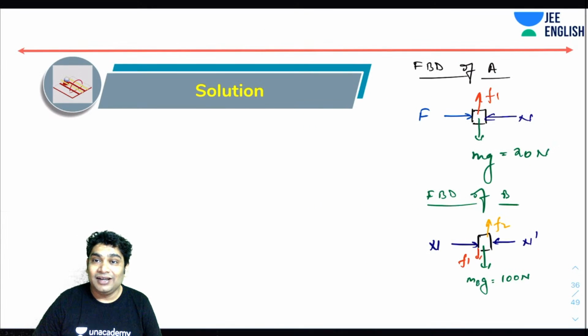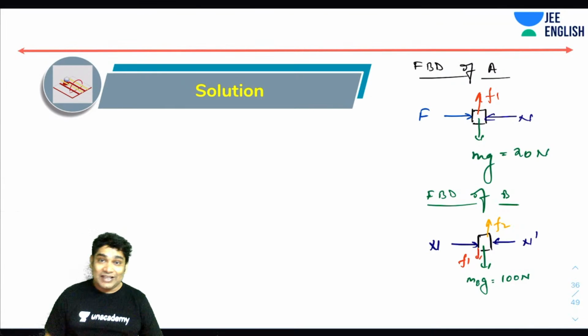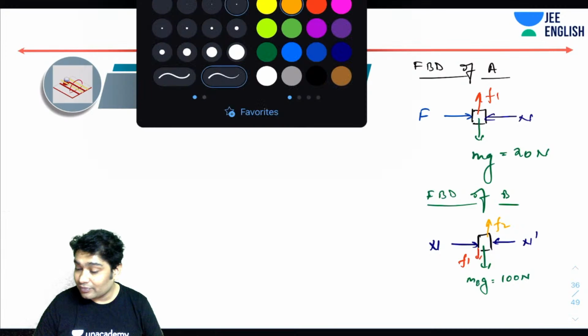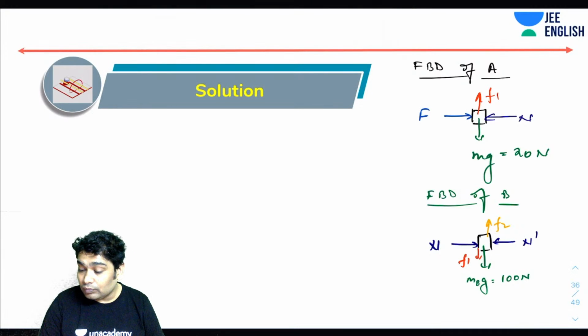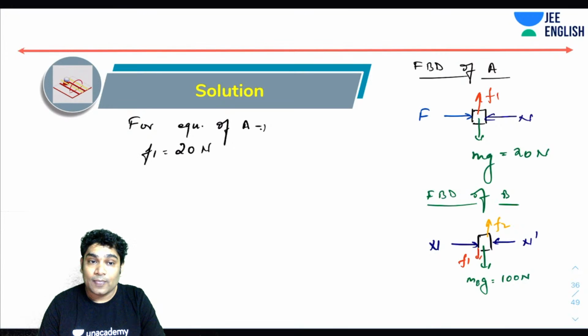This is the friction from wall F2. Okay. Now, once I have made the FBDs, this problem solving is very, very simple. I can write for equilibrium of A, can I say that F1 would be equal to 20 Newton? Just by writing from the equilibrium condition.